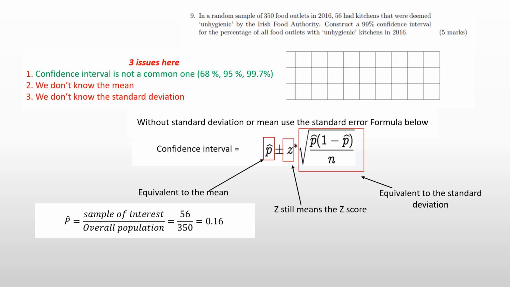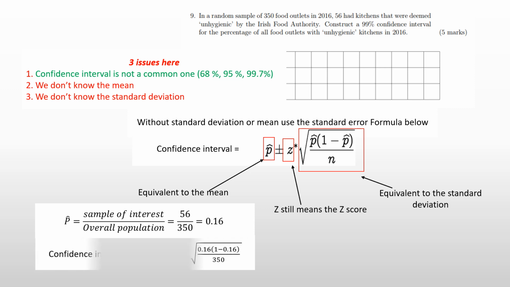And then the overall population in this case is the total number of things in that random sample, so it will be 56 over 350. That gives us the percentage of those that were unhygienic, so 0.16. Okay, that's p hat. That's how you find it.